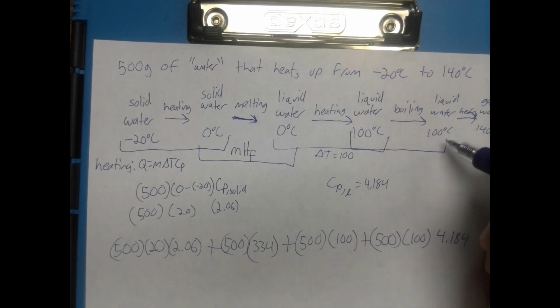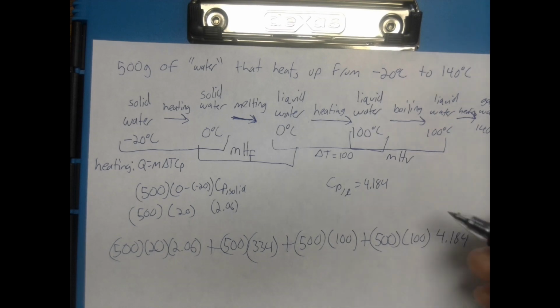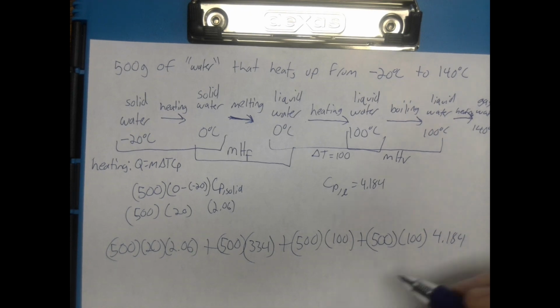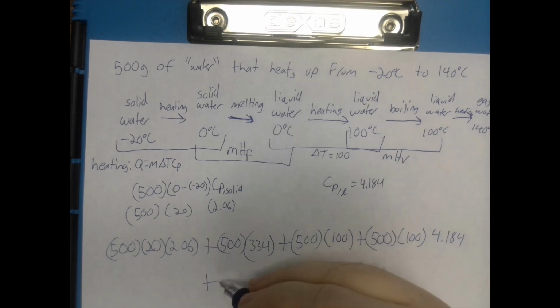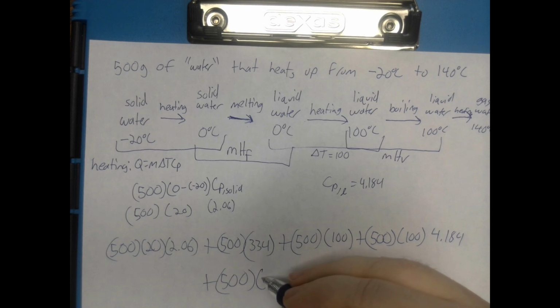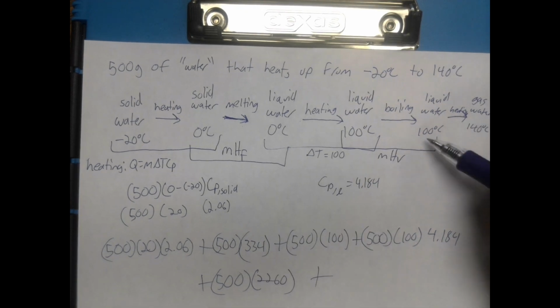When we're boiling, we use mass times heat of vaporization. The heat of vaporization of water in the problem was 2260. So add together mass times heat of vaporization, 2260. And then lastly, we have another heating.